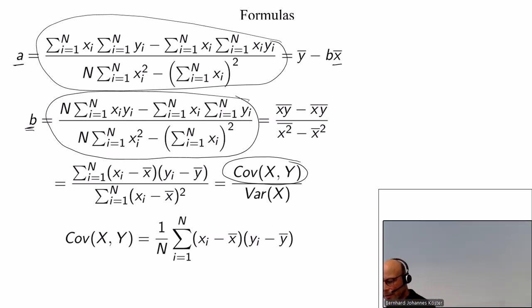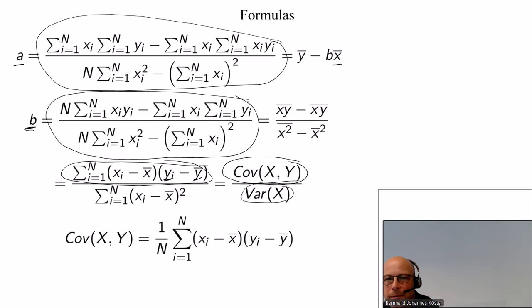Because here we can also show that the parameter B is just the covariance divided by the variance of the values of x. And you see here, covariance is defined in a similar way to the variance, but we do not calculate xi minus x bar times xi minus x bar; instead we plug in yi minus y bar.